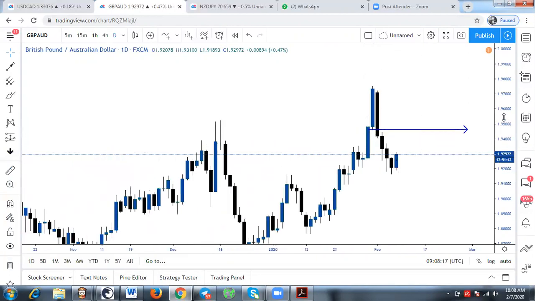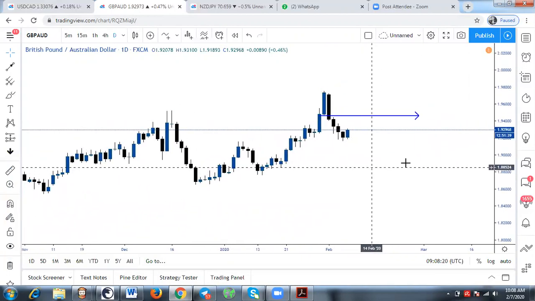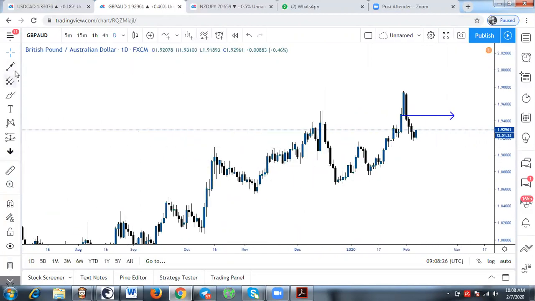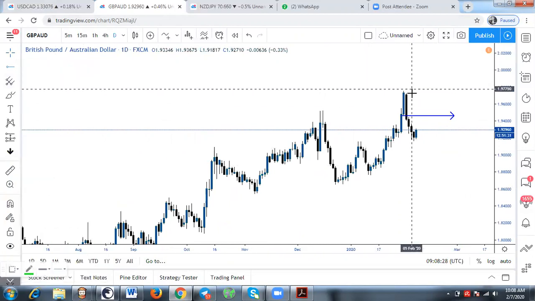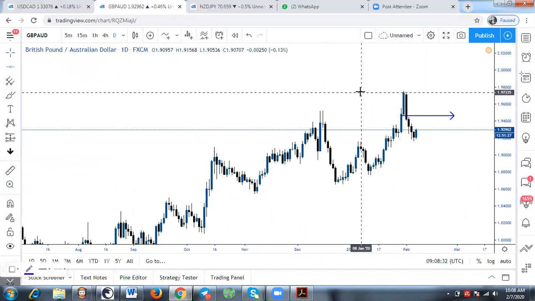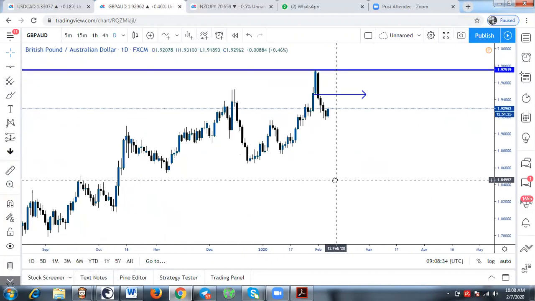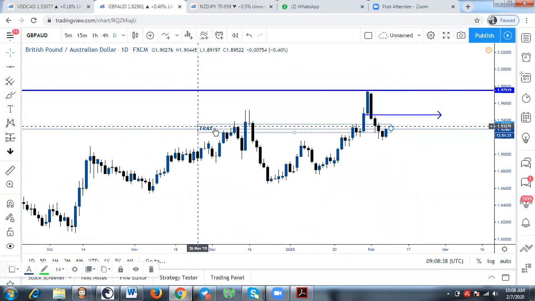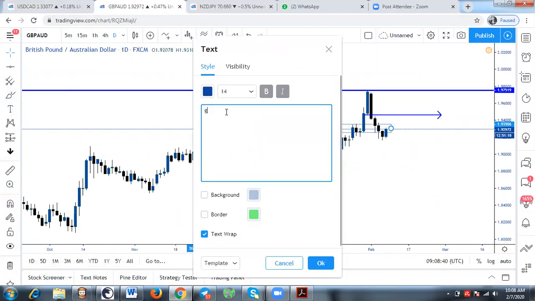So let's have our GBPAUD setup. So we already have our confirmation level 3 already. So this is a peak formation. Sorry, this is a peak formation high. So now for GBPAUD, this is what I'm going to monitor.